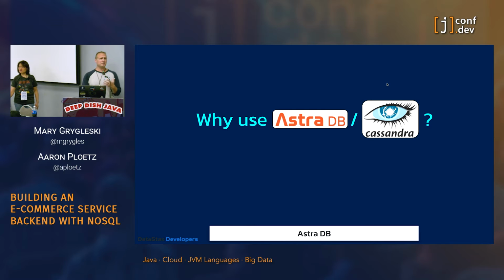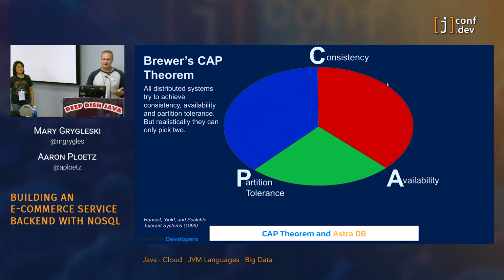All right, so why would we go with Cassandra in terms of supporting things like e-commerce? Well, all database selection and analyzing use cases really comes down to what's commonly known as Brewer's CAP theorem. He wrote a paper back in 1999. Actually, it was co-authored by Dr. Armando Fox, who nobody remembers. But Dr. Eric Brewer wrote the Harvest, Yield, and Scalable Tolerant Systems paper.